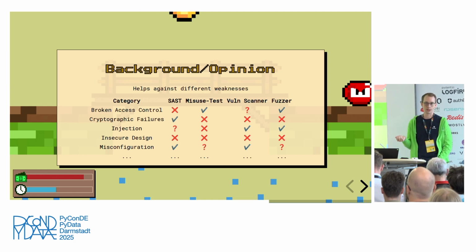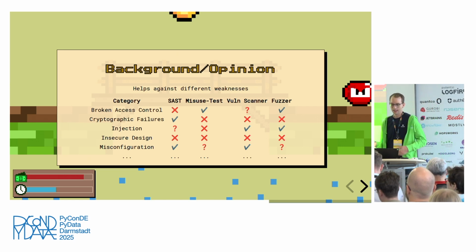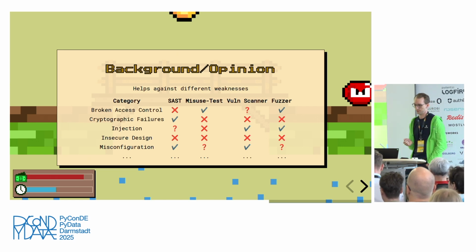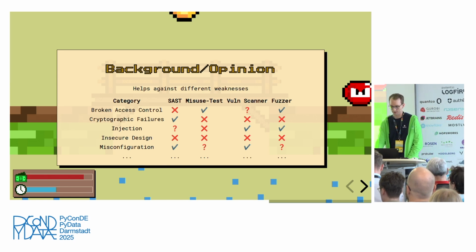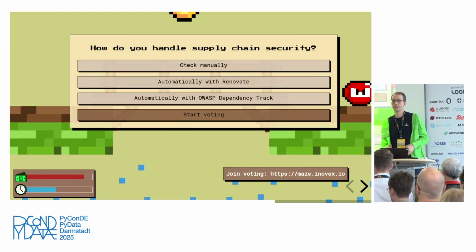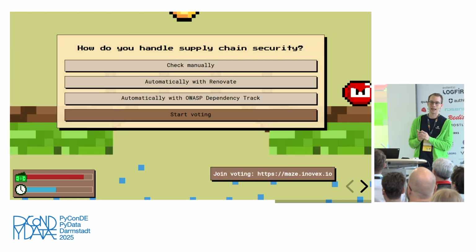So these are more like regression tests for security. In the best case, you can combine different kinds of security testing and find different kinds of weaknesses with the different types.